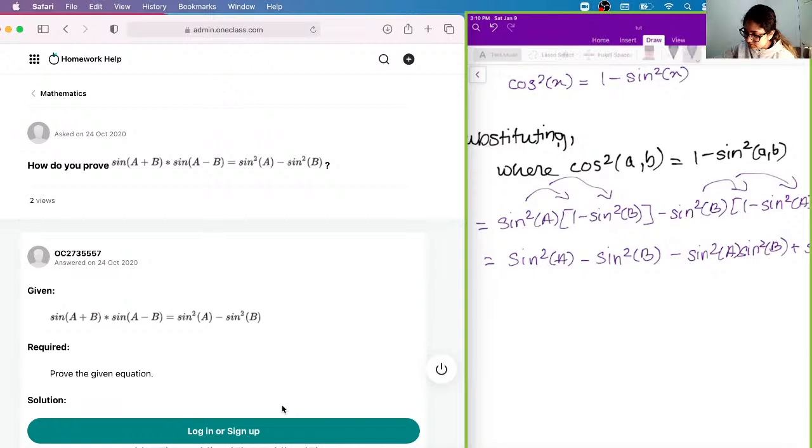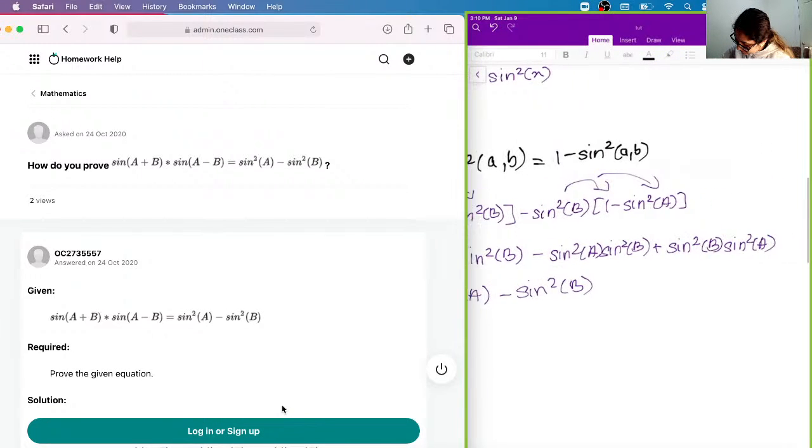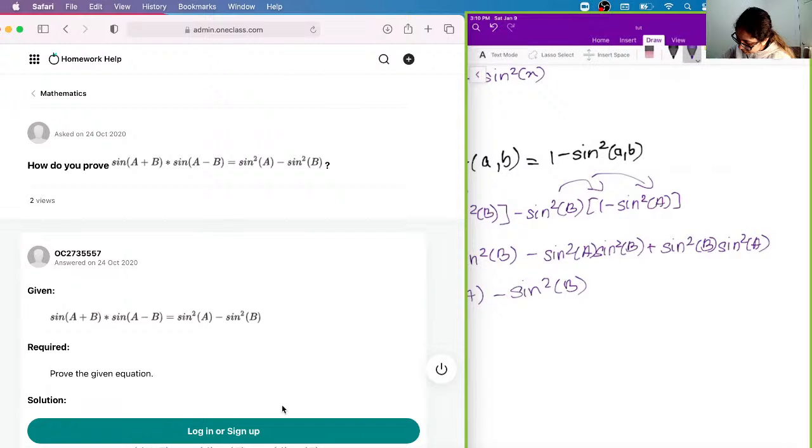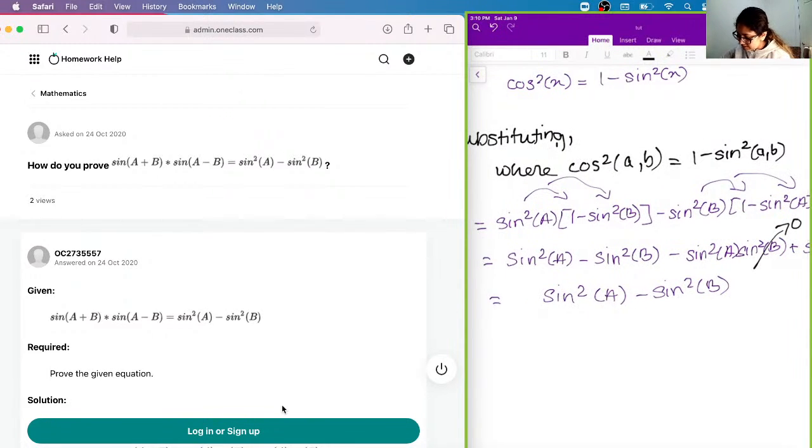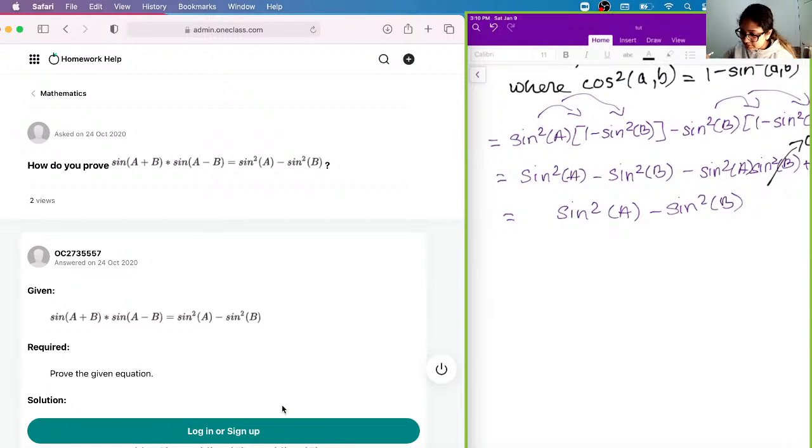Once you simplify it, you will get sine squared a minus sine squared b. Okay, so you can see what we can cancel out. We know that this and this will cancel out, since it's a minus and a plus. And so you're just left with sine squared a minus sine squared b. Therefore, we let the left-hand side equal the right-hand side.